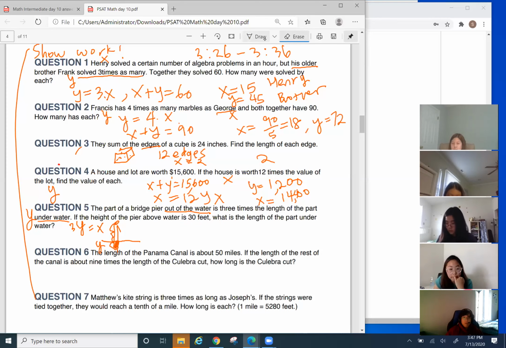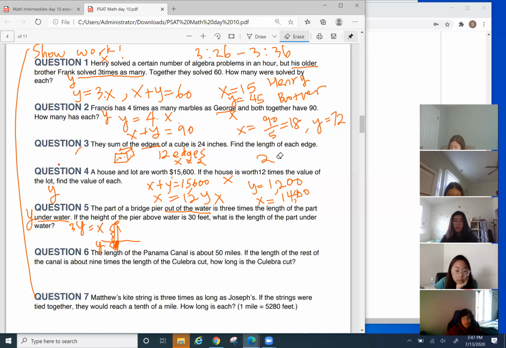On the value of y, which is 10. So then I did 3 times 10 to find x. Wait, no, what? They give you the height above the water. That's 30 already. So it's just y equals 10.